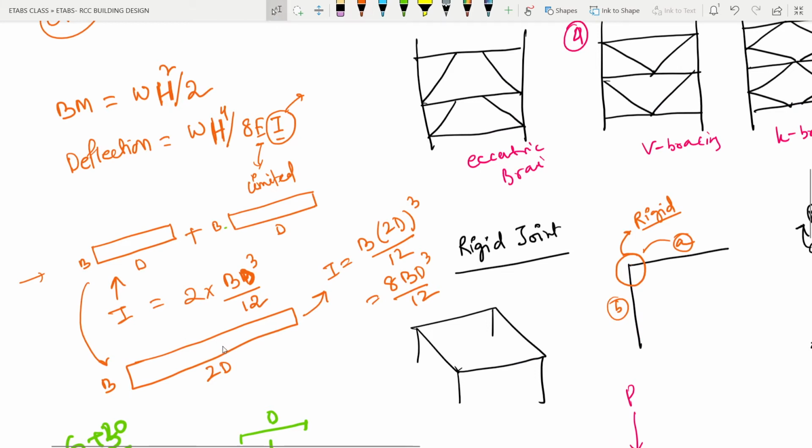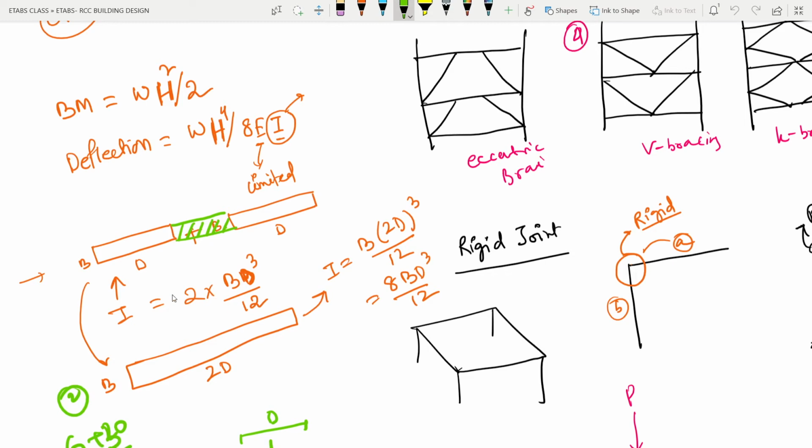Obviously we cannot provide a 2D length, but what we can do, can we add these two things with something that can give us openings also, and that can give us similar or almost similar resistance as the second shear wall as a whole?